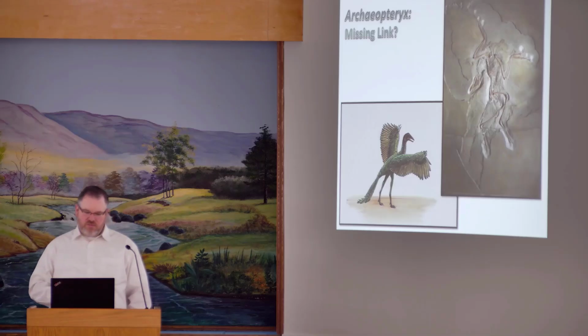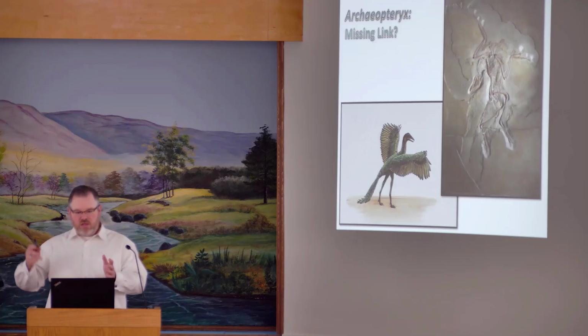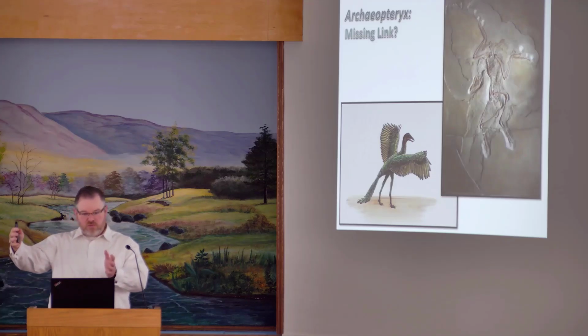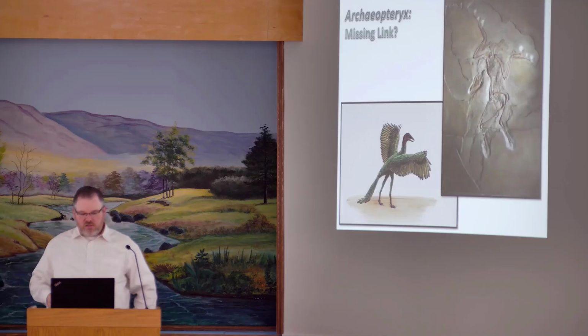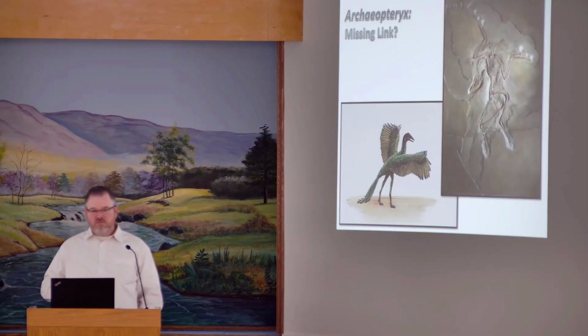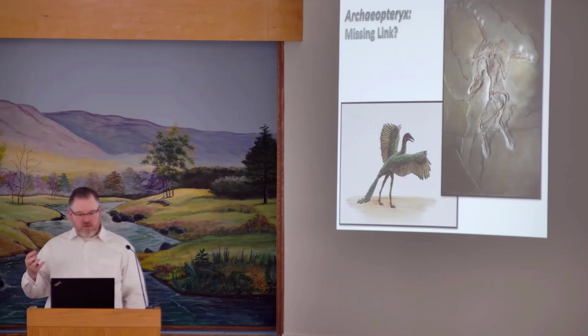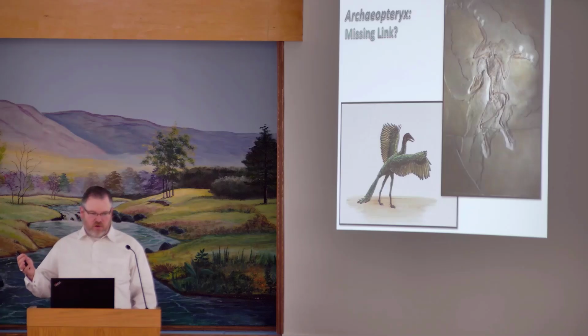This is supposed to be the creature that bridges the gap between the reptiles, namely the dinosaurs, and the birds. They believe the dinosaurs evolved into the birds. And this creature appears to have feathers, claws on its wings, and teeth. As I said, look, this is a dinosaur transforming into a bird.